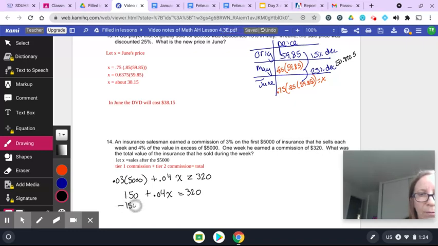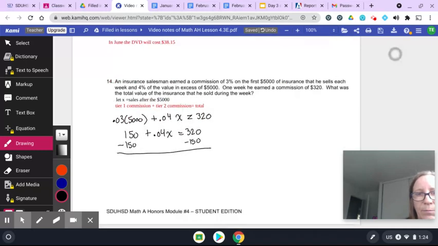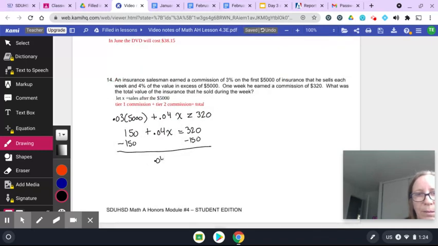So subtract that 150. 4% of his sales equated to $170 of commission, which means he had to sell 4,250. But I have to be careful because mine is the sales after 5,000, and it said what was the total value. The total value, I had to take that 5,000 back.